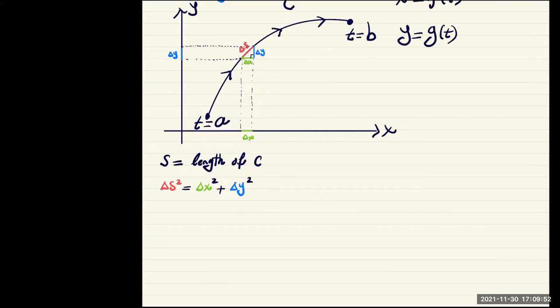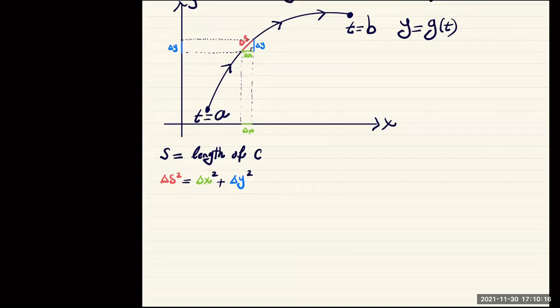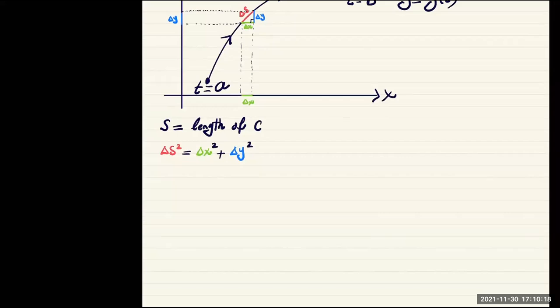Now, this is the non-parametric form. Here you just see an increment of a length, you see an increment of x and an increment of y. This doesn't have an increment of time. We want to introduce the change in time. So what you can do is divide everything here by delta t squared, given that delta t is not 0.